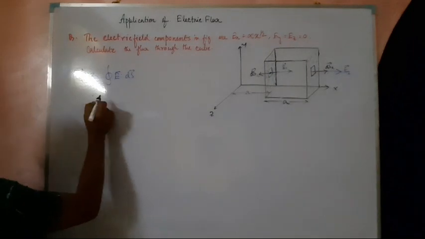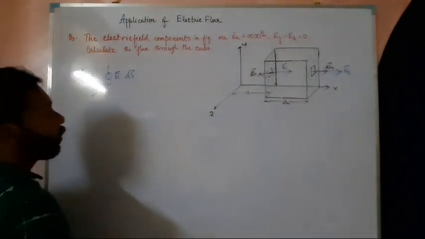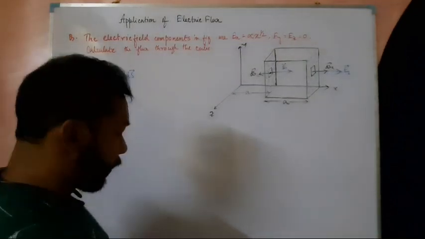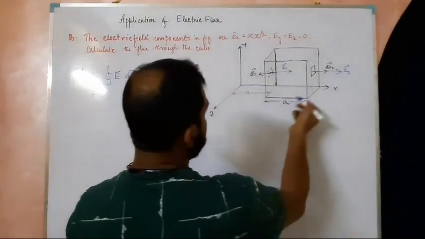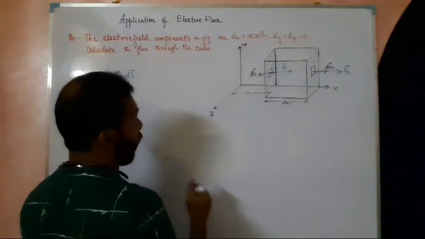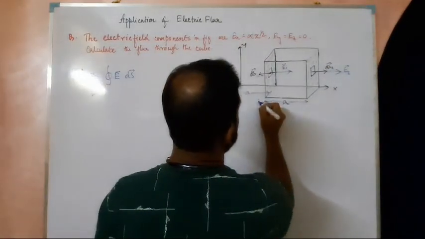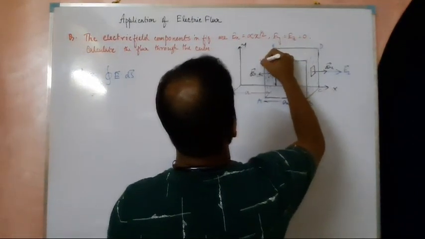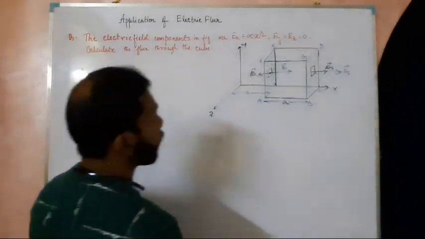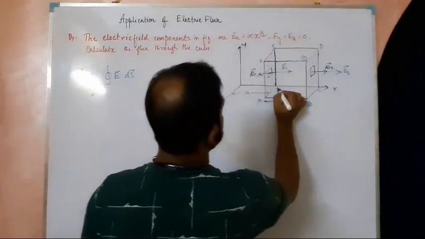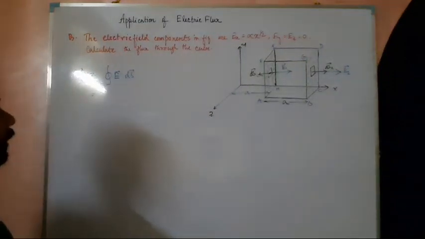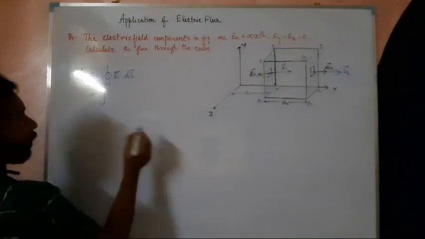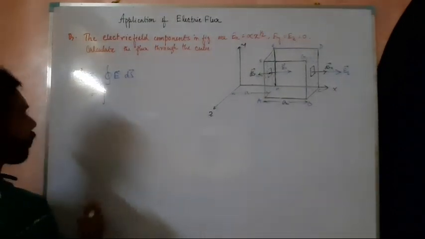Now we can divide this closed integral into some open integrals. For that, we can give names to those surfaces. Let us put the names A, B, C, D, E, F, G, H. So let us split this closed integral into different open integrals. Let me show you.